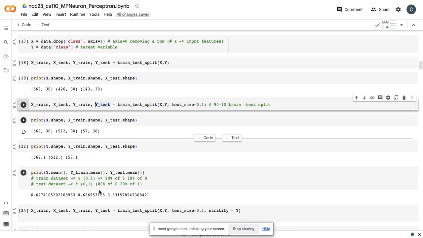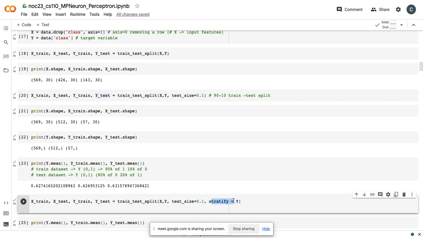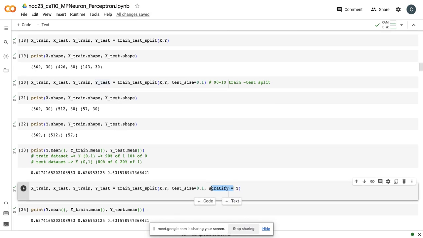To do that, we use a parameter called stratify in train test split, where you are saying that for the y class variable, that is the target variable, the ratio of 0 and 1 class instances in the training set will be the same in the testing set as well.